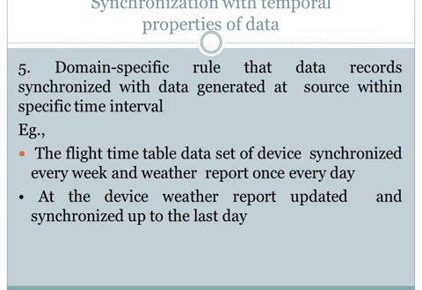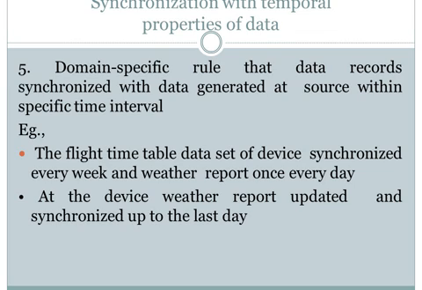And finally, you have something called synchronization with temporal properties of data. In synchronization with temporal properties of data, the domain specific rule states that the synchronization has to happen at a specified interval of time, at a time that is specified by the domain.